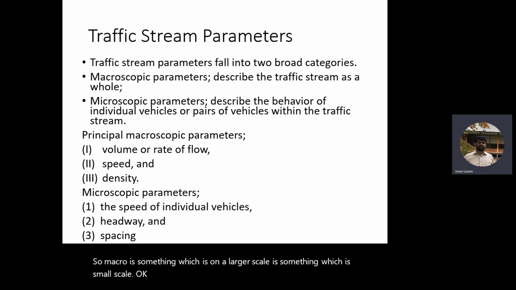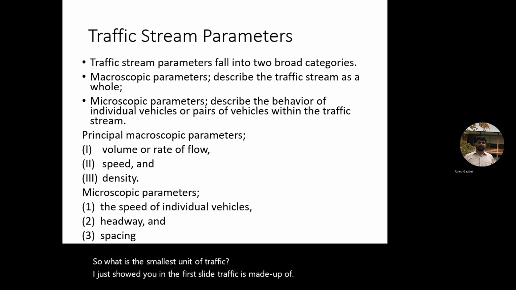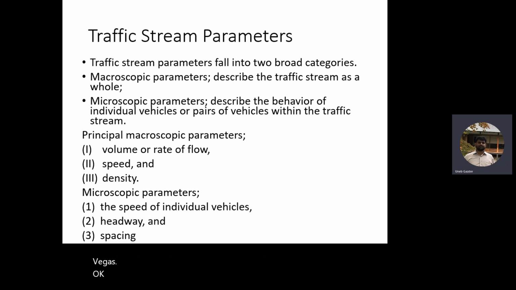Okay. So what is the smallest unit of traffic? I just told you in the first slide. Traffic is made up of vehicles. Okay. So microscopic are those characteristics which belong to individual vehicles or a pair of vehicles. So one or two vehicles.